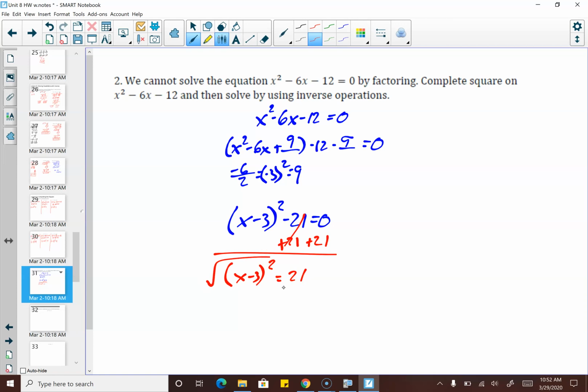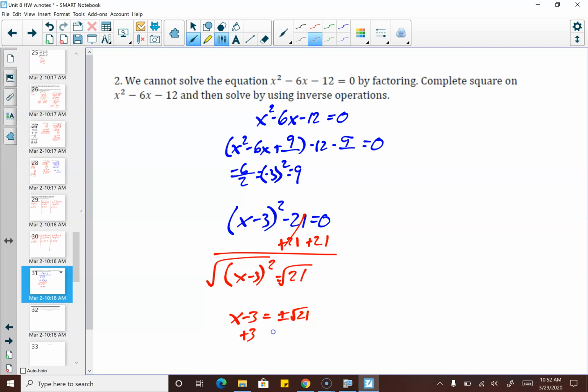Well, now we can square root both sides, and we get, well, 21's not perfect. And we'll see, does 21 split? There's nothing that actually multiplies to be the square root of 21. No big deal. So all we do then is we have x minus 3 equals plus or minus square root 21.